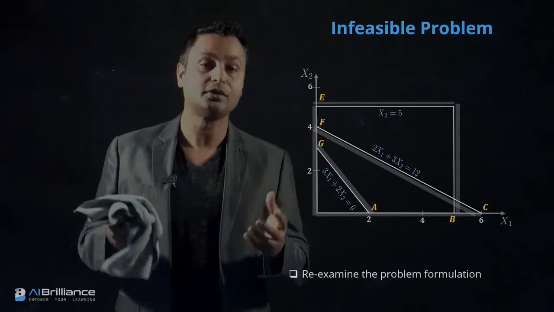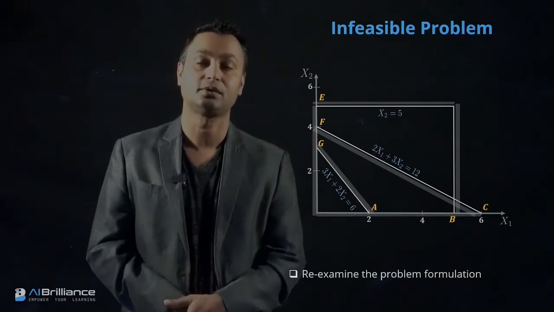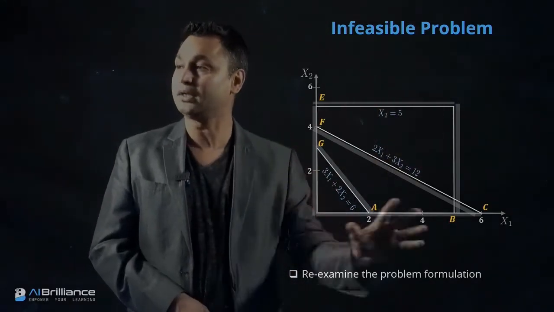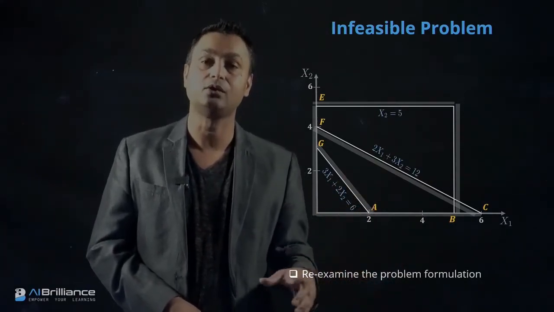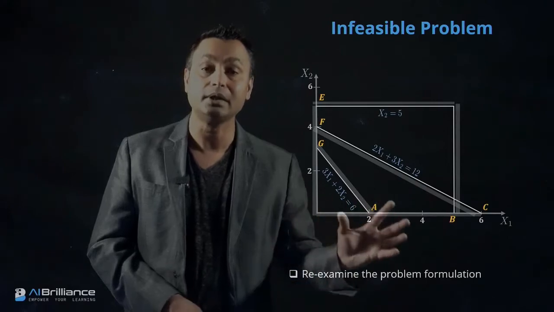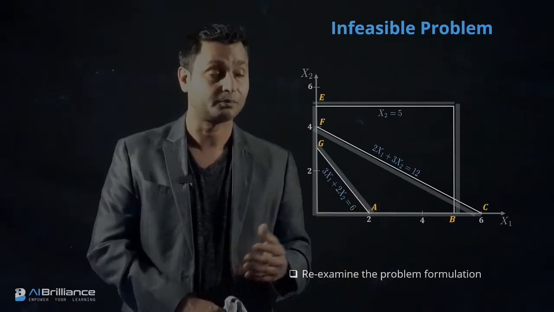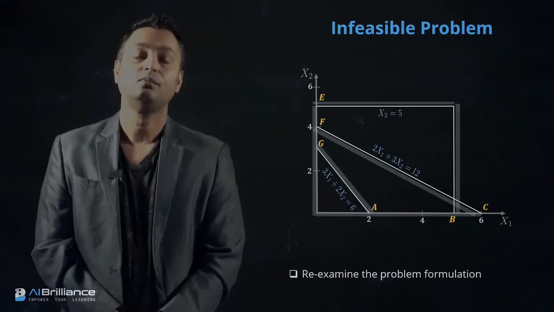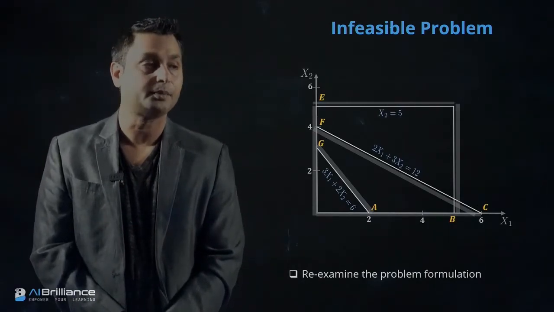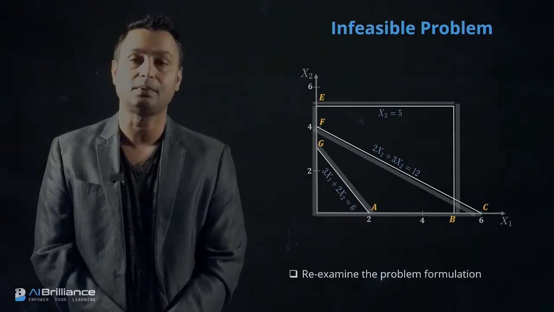For a few good solutions to exist, there has to be some feasible solutions. If that does not exist, that means your problem formulation has some issues and you need to work on that, and you need to probably reformulate your problem. Okay. So with that, let's move on to problem 2, or the second type of problem that we can see in optimization.